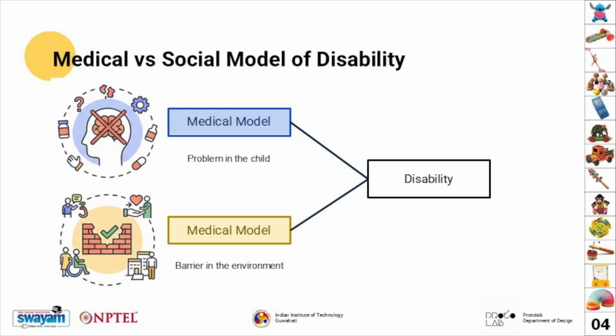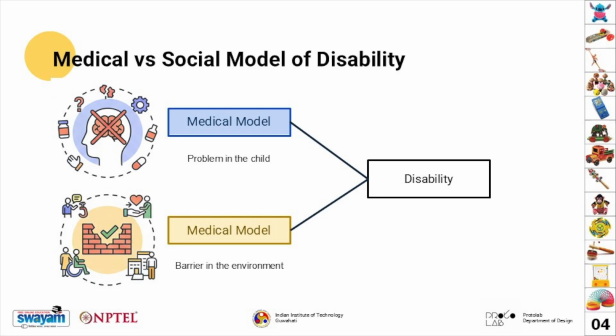Historically, disability was viewed as a personal limitation. The social model changes this perspective. Disability occurs when environments are designed narrowly. A child who cannot grip a thin object is not incapable.